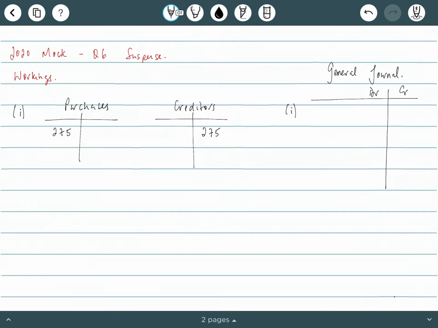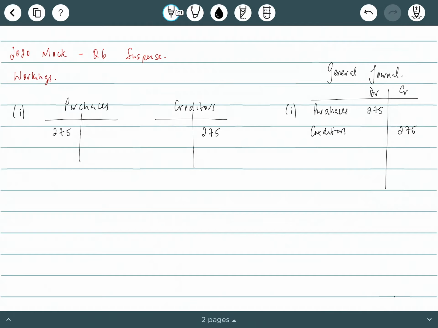This is obviously working one. So again, put in the purchases here, which is 275, and we put in the creditors, which is also 275.